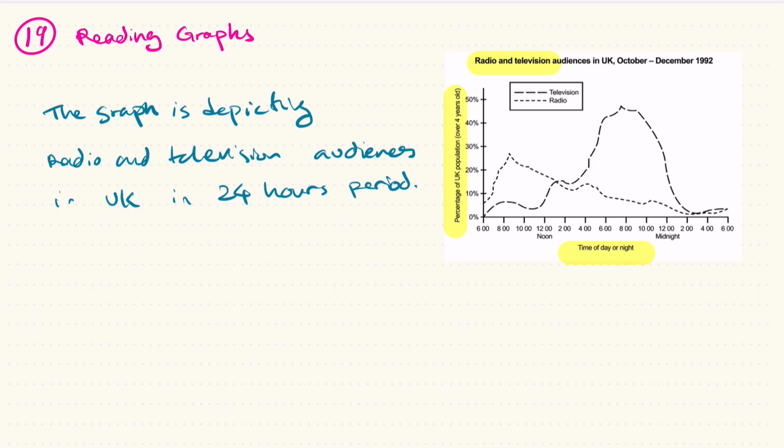So that is a good start. Also, you can say percentage-wise, like the percentage of UK population, that also you need to mention.